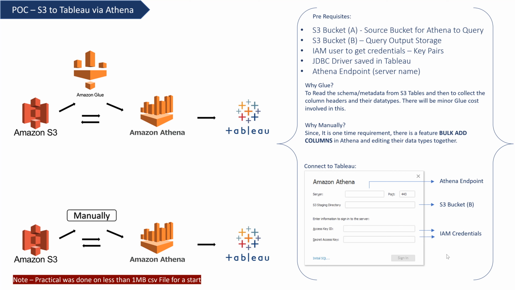So guys, this is it. It's just a small video to show you how you can connect. I'm sure whoever is watching this will know how to create buckets, how to create these IAM user details, how to grab the Athena endpoint, what Glue is and all.